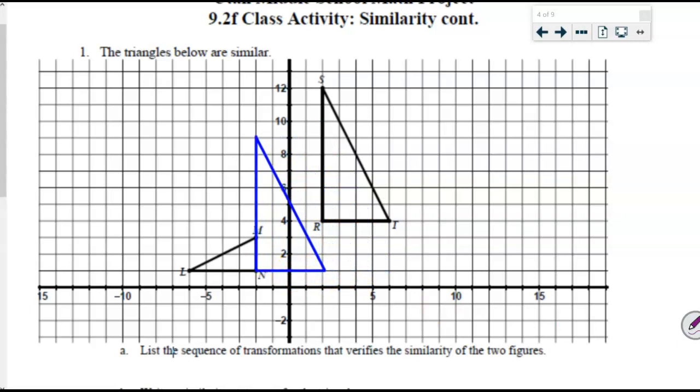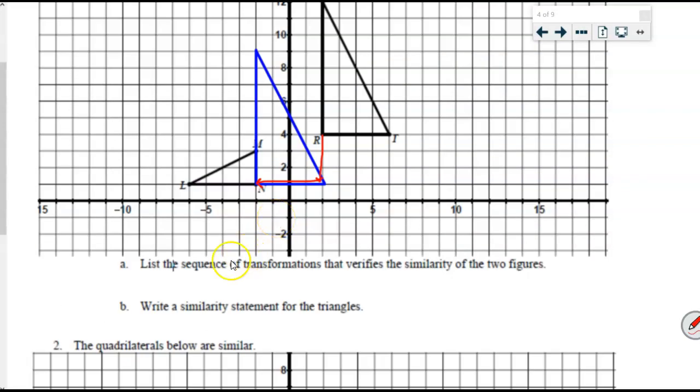So I'm going to write that down. I translated it down 3 and to the left 4. Not right, left.